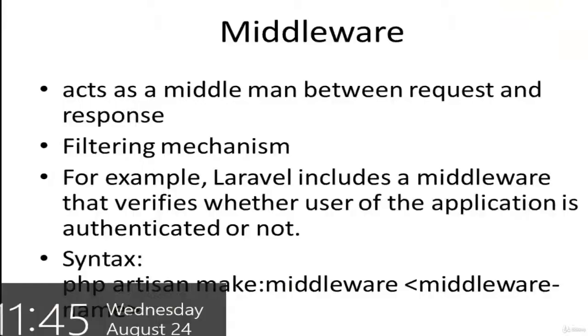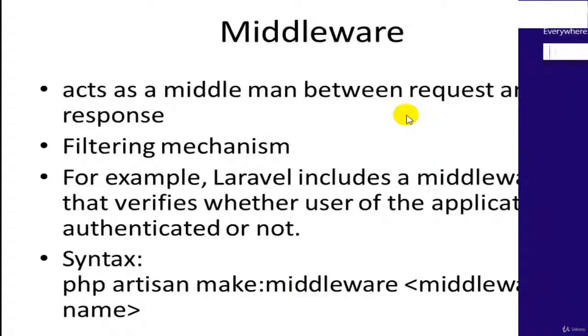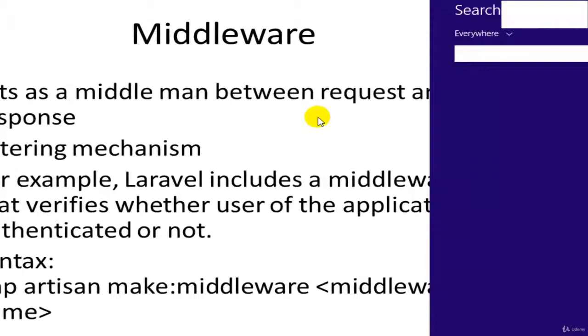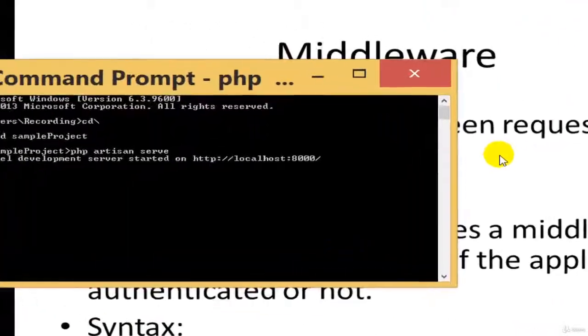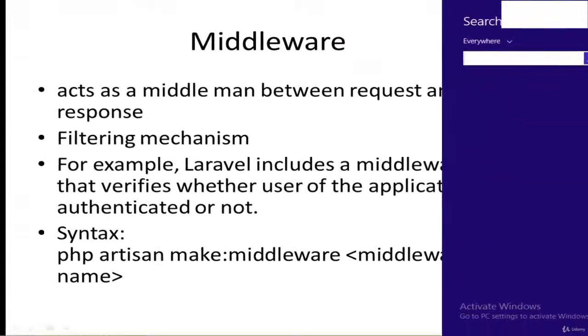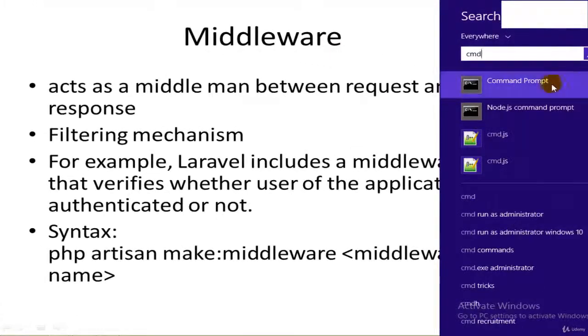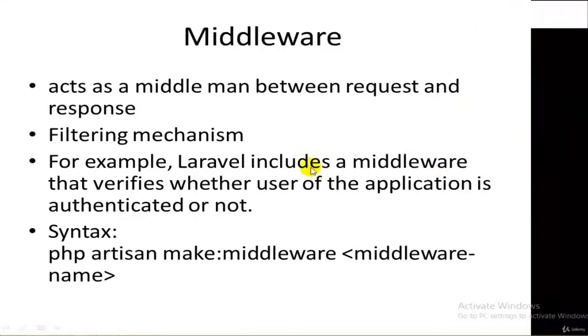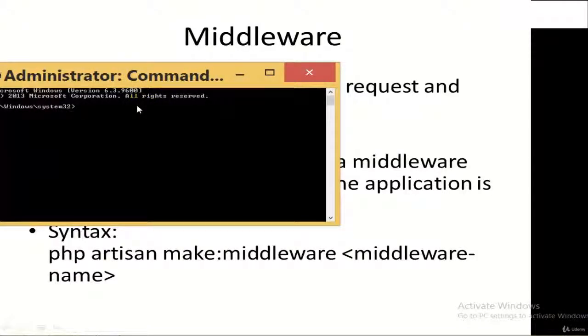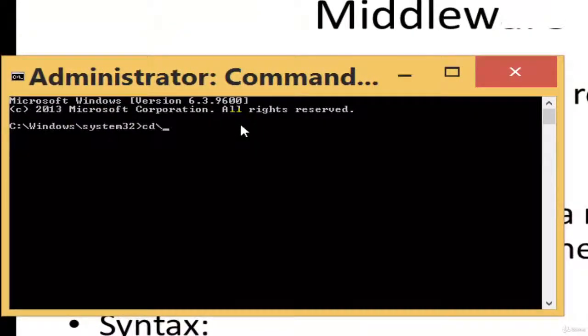Now I'll open another command prompt just to create middleware. Like I mentioned in the PPT, creating middleware is done through the command prompt only. I'll run as administrator. Yes, so I have another command prompt. Here I will use the syntax I mentioned.